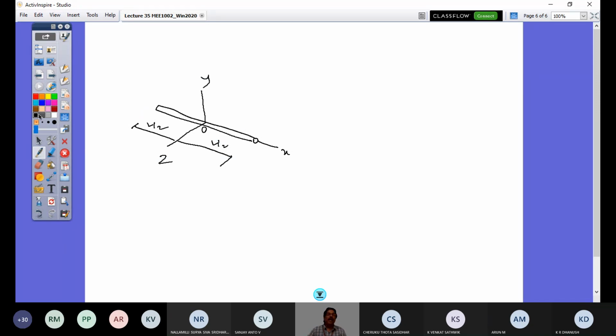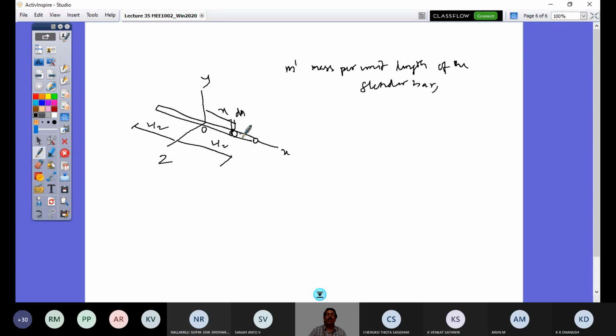So for that, let us consider an elemental mass at a distance x from here. At a distance x with thickness dx, let me consider an elemental length, and let m dash be the mass per unit length of this slender bar.